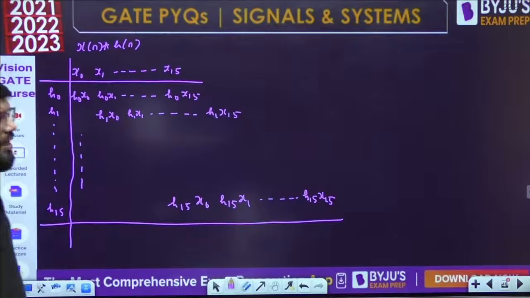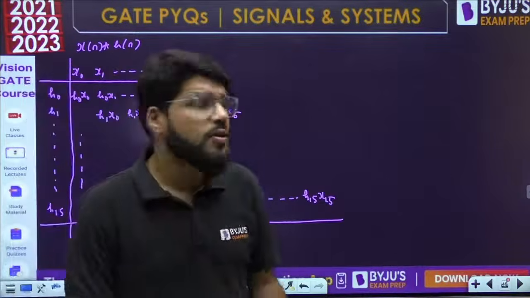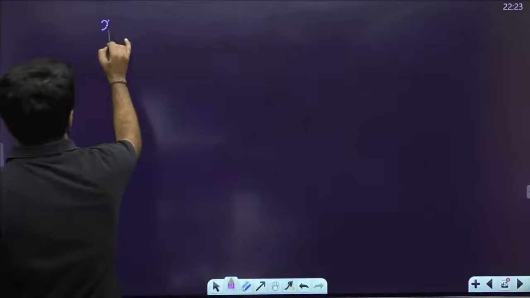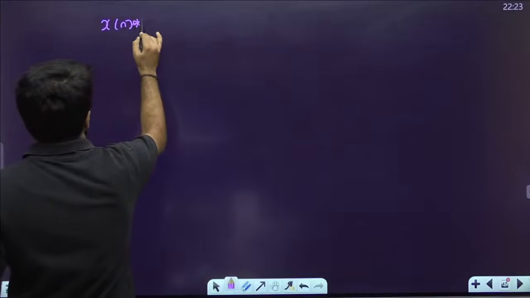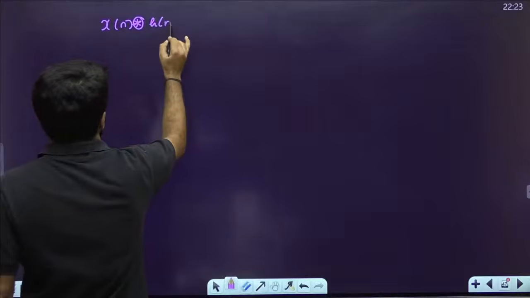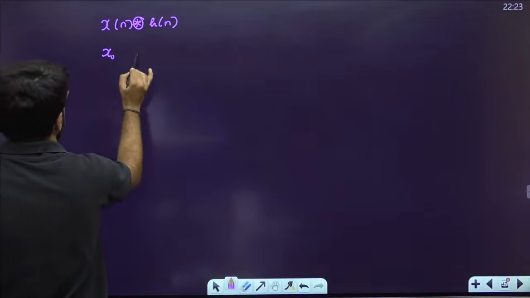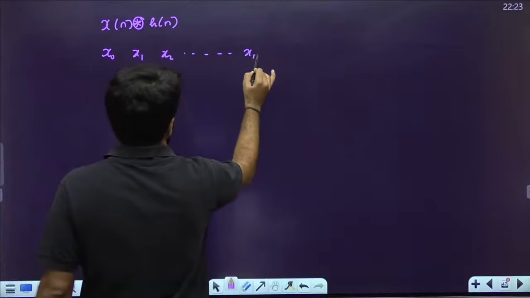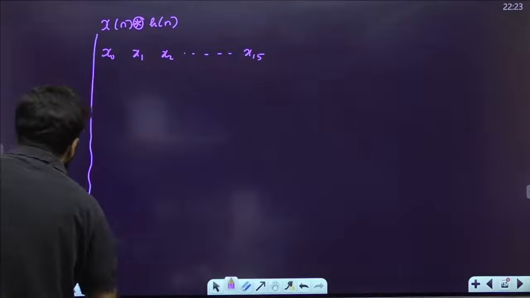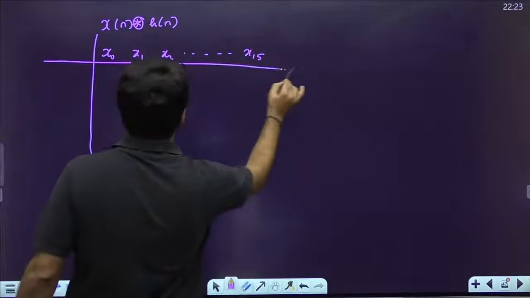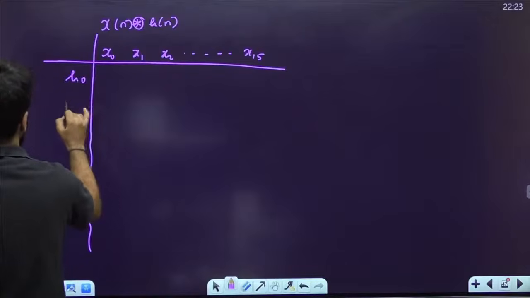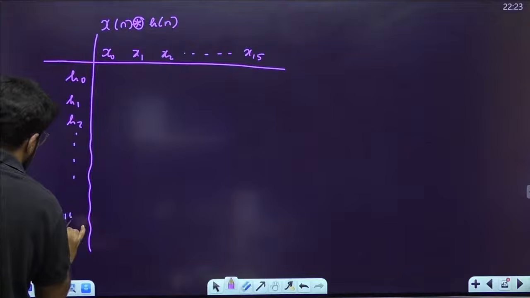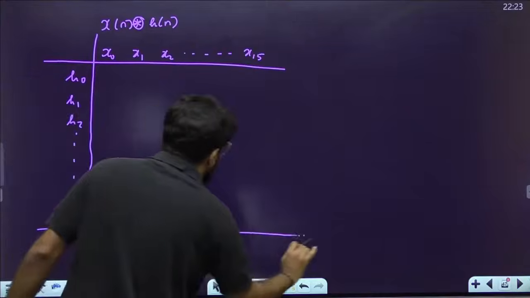But when I am going to solve the circular convolution, x[n] circular convolved with h[n], we apply the wraparound technique. If the same tabular method is used to calculate circular convolution, what will you do?